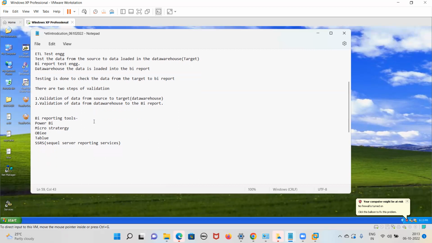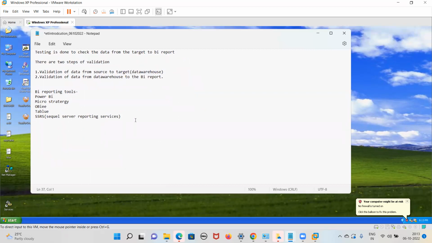Now, I told you, what are the sources? It can be an Excel sheet. It can be an XML file. It can be a database, that is nothing but your tables.